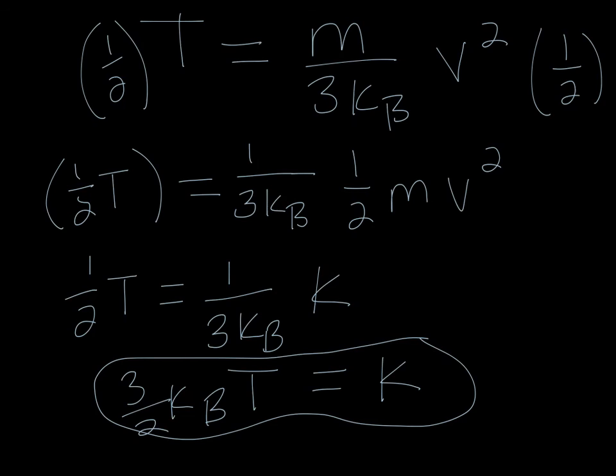I'm going to write kinetic energy as KE so as not to get confused with the Boltzmann constant. Kinetic energy equals 3/2 Boltzmann constant times temperature. This is one of the equations on the equation sheet for the AP2 exam. A very famous relationship. There are other ways to theoretically derive it.